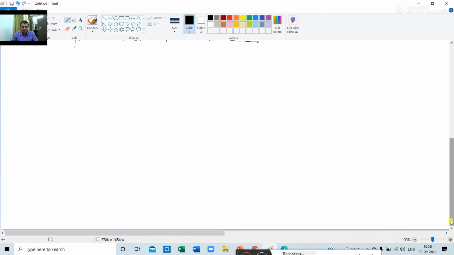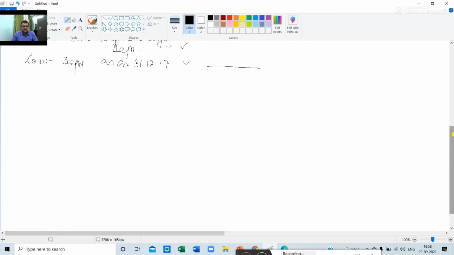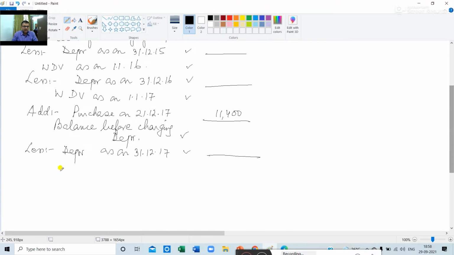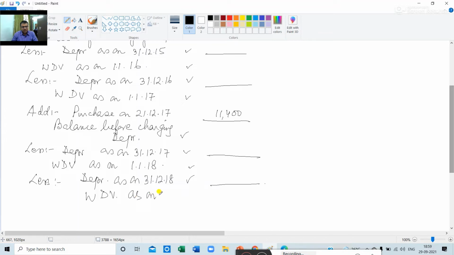So we will get the written down value as on 1st January 2018, and we will charge depreciation as on 31st December 2018, and the written down value as on 1st January 2019.